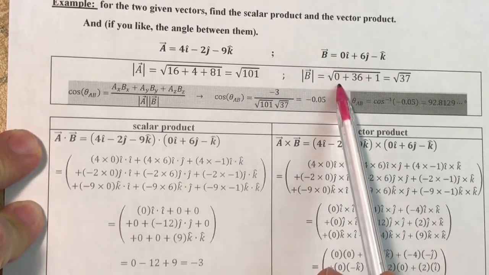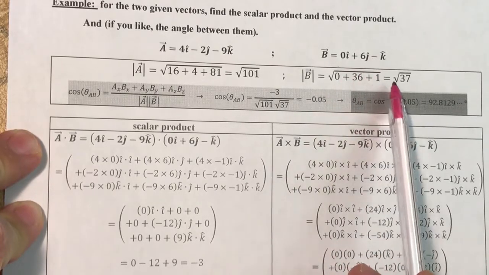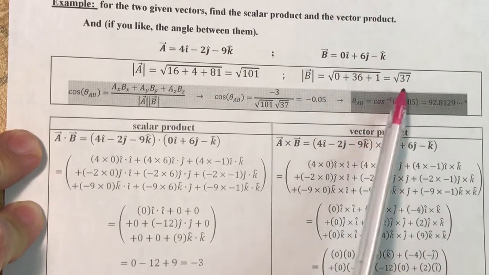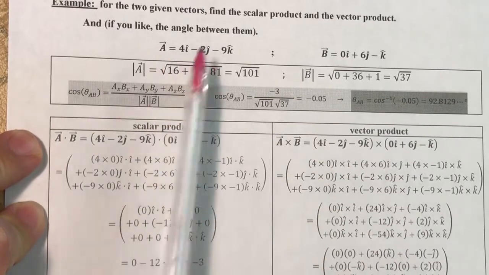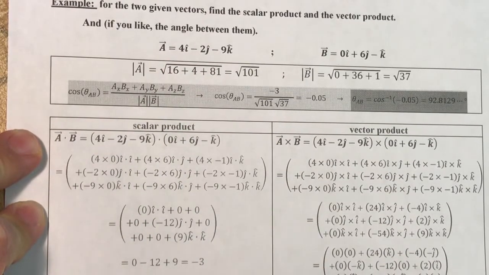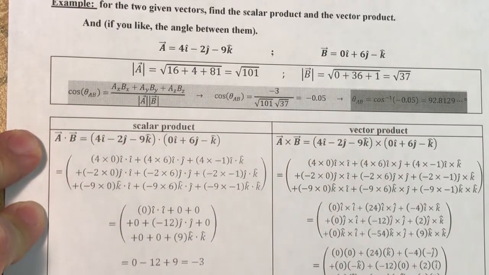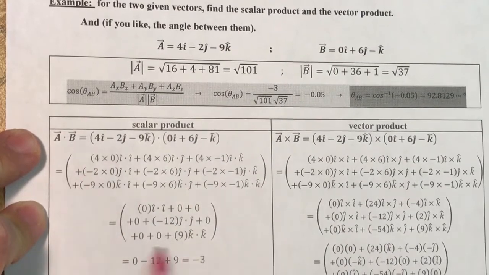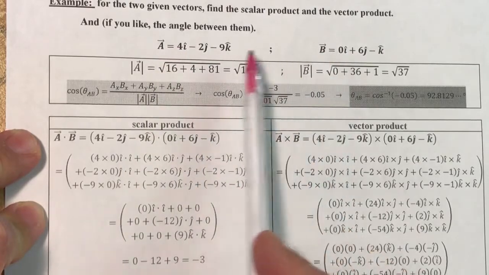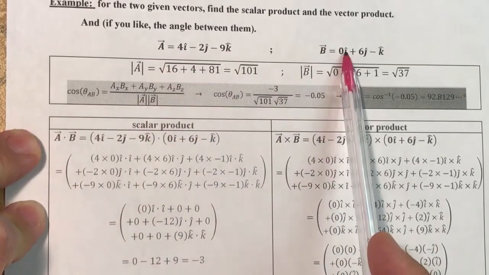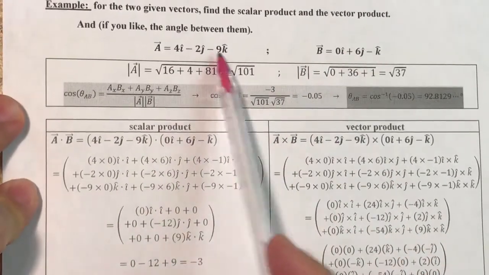The x component is 0, 6 squared is 36, and negative 1 squared is 1. This is the square root of 37. If we need to find the angle between them using the dot product relation that we learned before, we multiply the x components: 4 multiplied by 0 is 0, negative 2 by 6 is negative 12, negative 9 by negative 1 is 9.